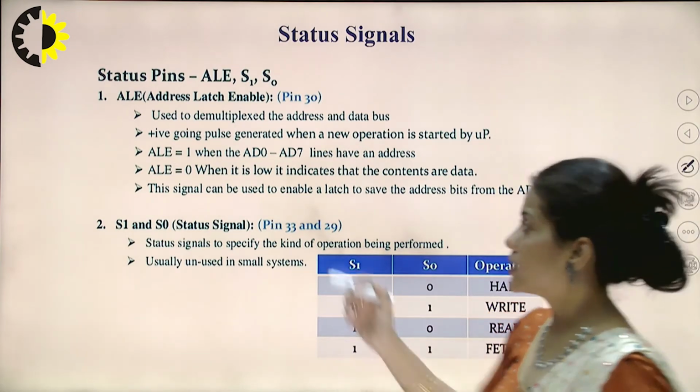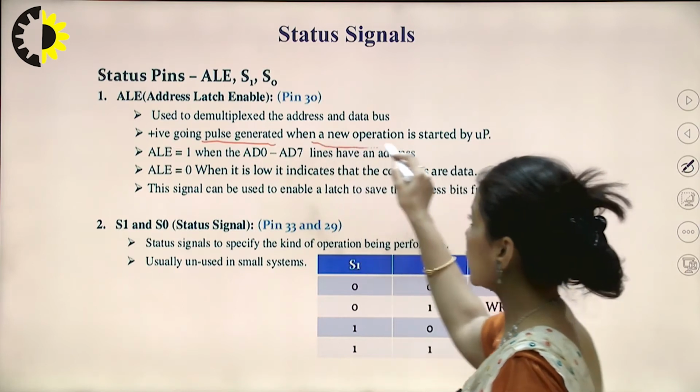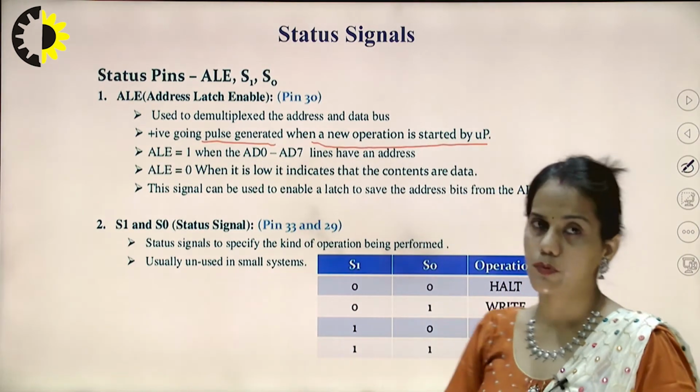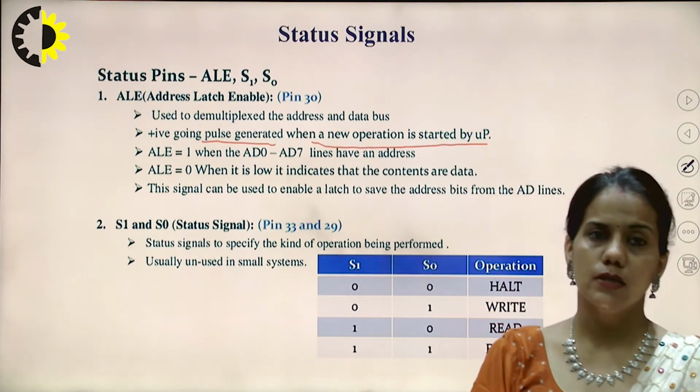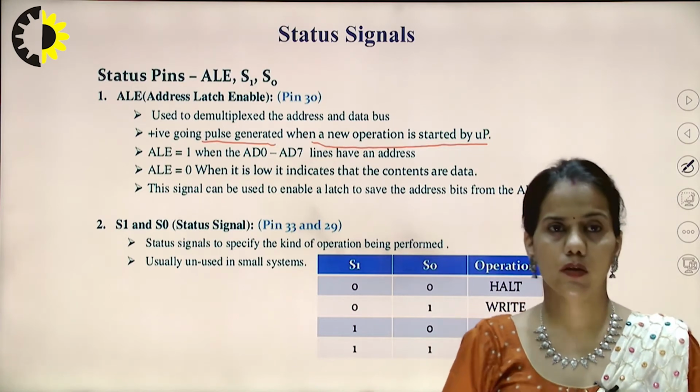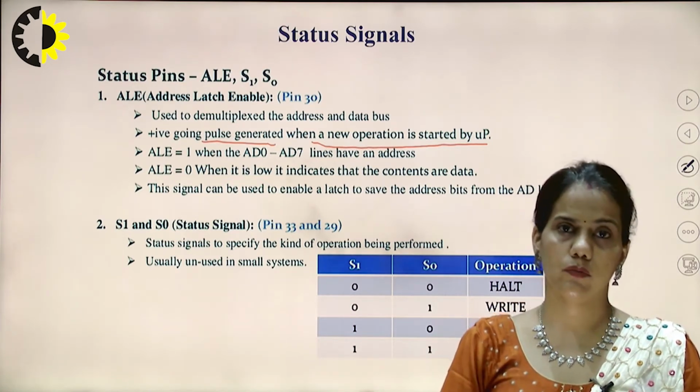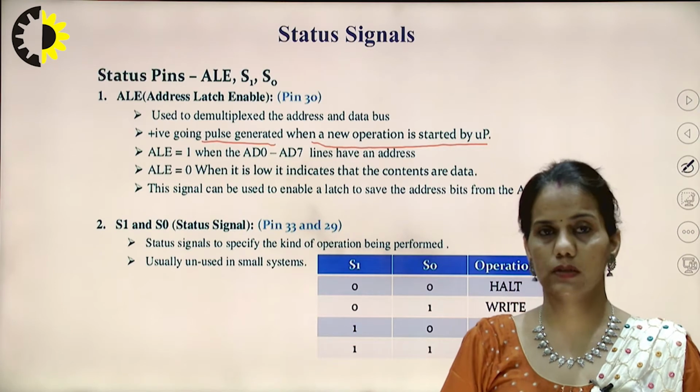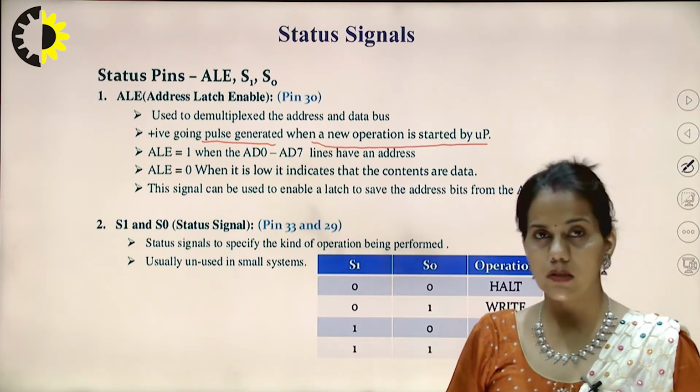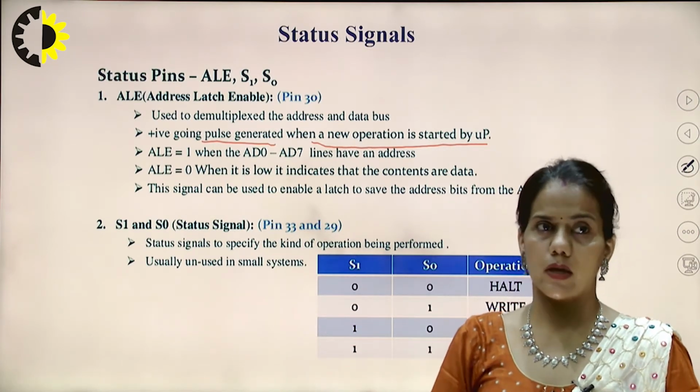So ALE is the positive going pulse generated when a new operation is started by the microprocessor, and as soon as this new operation is initiated, the lower order address bus is latched, and during this there is a positive going pulse at ALE.